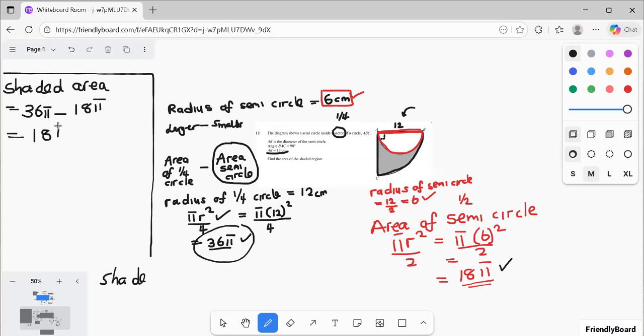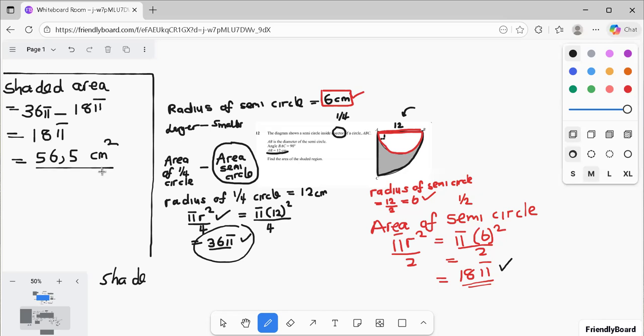Or I can just leave it in decimal form to one decimal place, okay? Which is going to be 56.5 centimeters squared. All right.